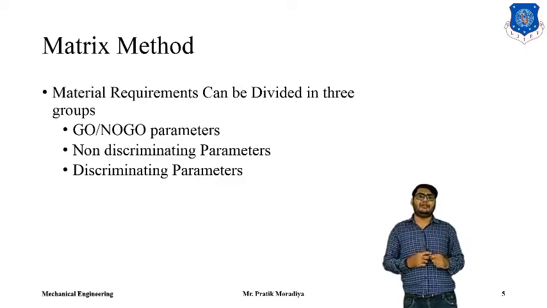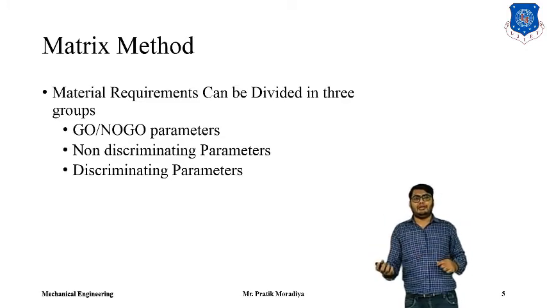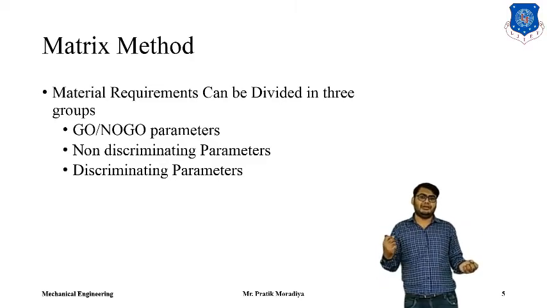So those parameters are known as go/no-go parameters. Either the material satisfies your conditions, or it does not. To what extent it satisfies does not matter.